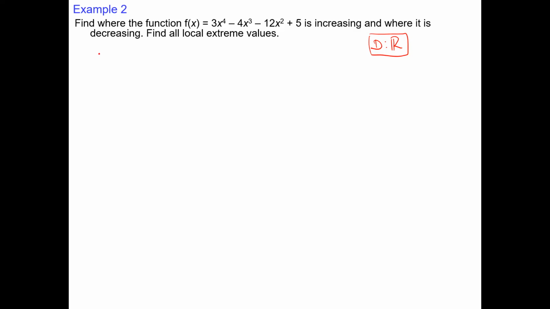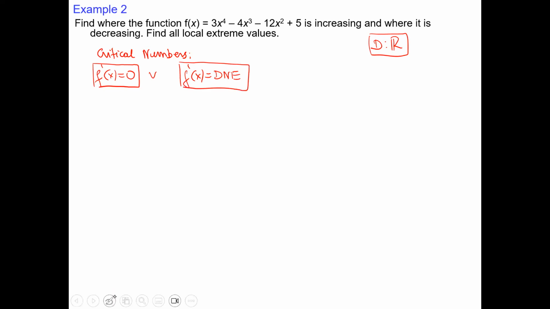First of all, we need critical points, critical numbers. In general, we have to find out where the derivative is 0 or where the derivative is undefined.